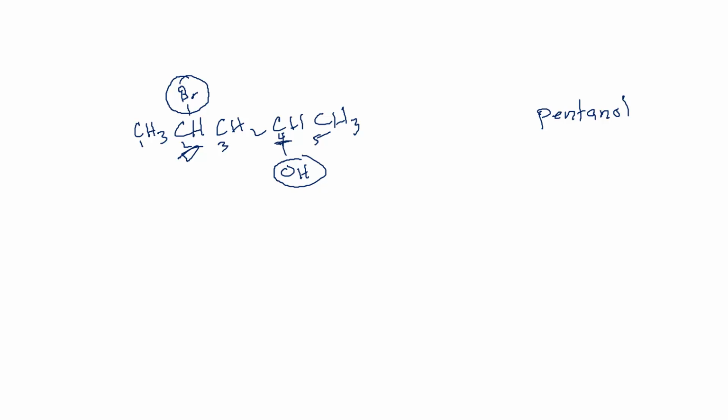So this is going to be carbon 1, this is carbon 2, this is carbon 3, this is 4, and this is 5. Just like the double bond takes precedence with the alkenes, or even the triple bond that we saw in the last chapter, in this chapter the hydroxyl group is going to take precedence over the halide group.